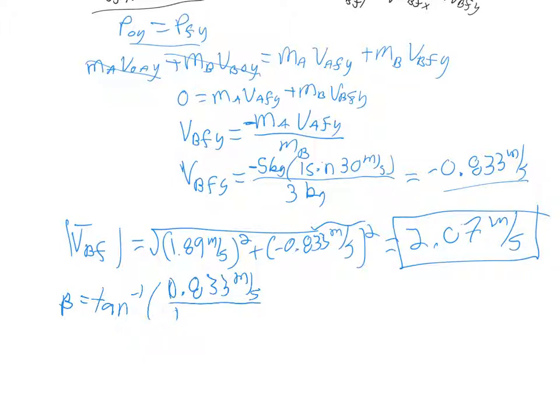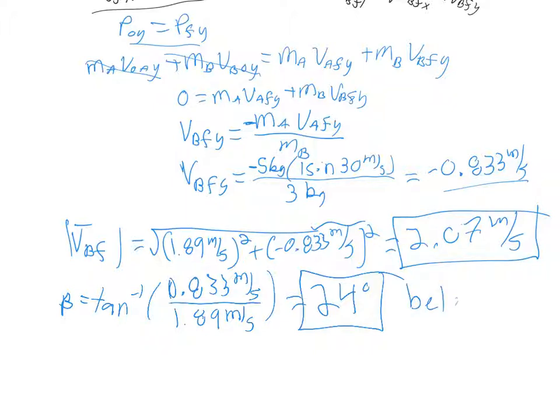Let me write that a little cleaner, 1.89 meters per second. And so if you solve, you should find that the angle is 24 degrees. So box worthy again, we have a final velocity of 2.07 meters per second, 24 degrees below the positive x-axis, which is how it's drawn, but we could write it if we want, below positive x-axis.